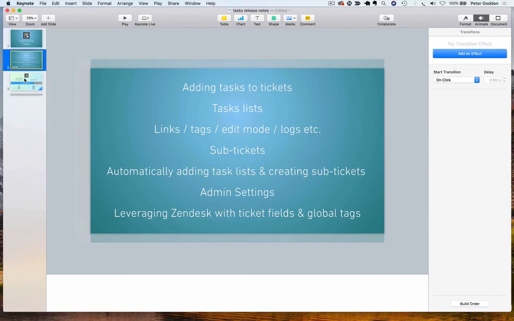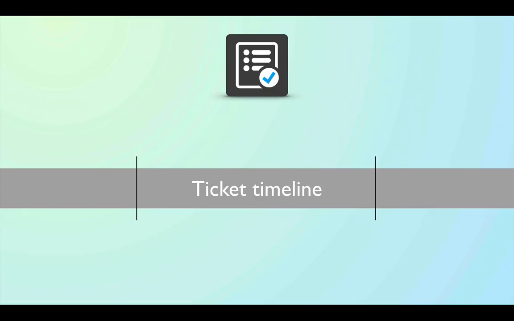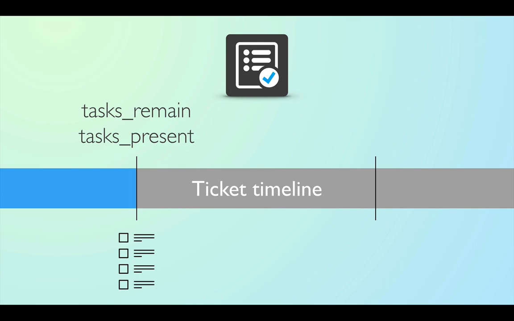If we have a look at how the Tasks app tags tickets from a timeline perspective, at some point tasks will be added to the ticket, and at that point the Tasks app will automatically tag the ticket with 2 tags, tasks remain and task present. Now at some point thereon in the future, all the tasks should be marked off.